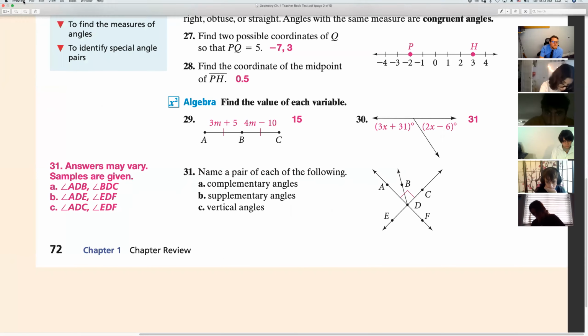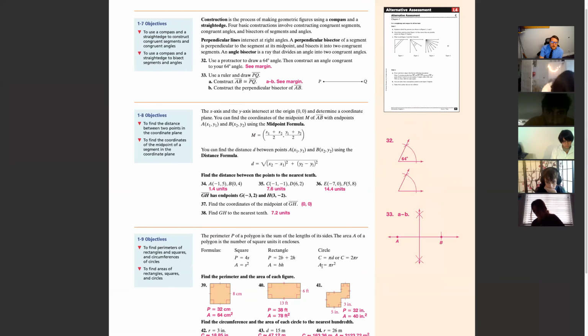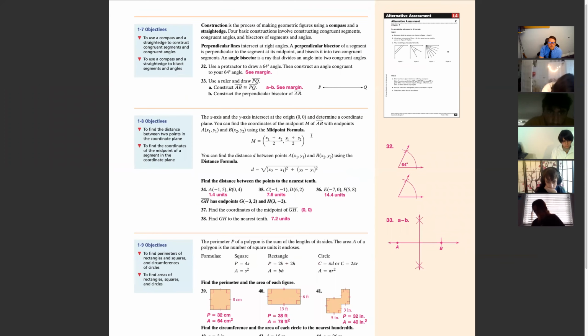Let me zoom out a little bit. Getting towards the end. Construction is about using a compass or a protractor, things that allow you to create and sketch angles. You would create the length that you want for your circle, put it at the center, and twist the protractor around.